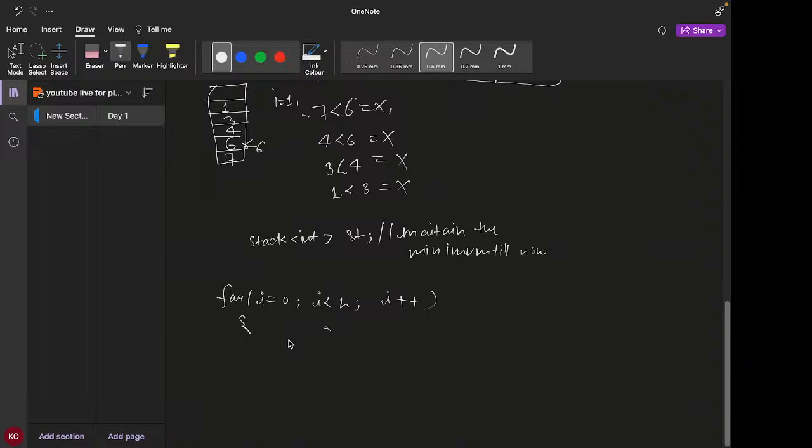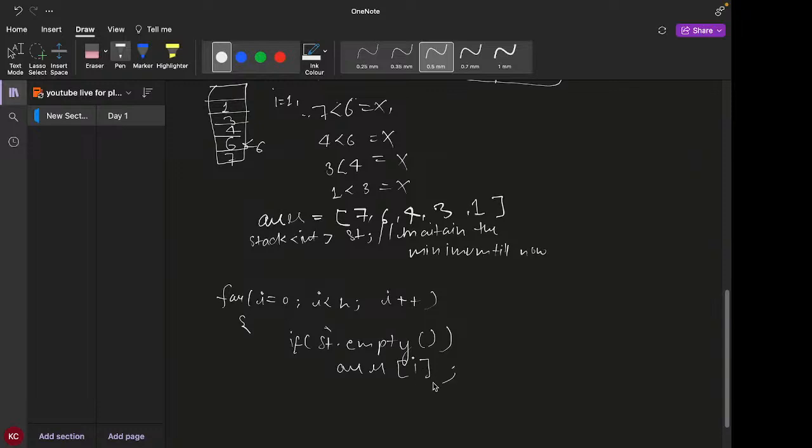First I will check if the stack is empty, then I will push the element on the stack. If I have the array of elements 7, 6, 4, 3, 1, so I put arr[i] on the stack and move on to the next iteration.